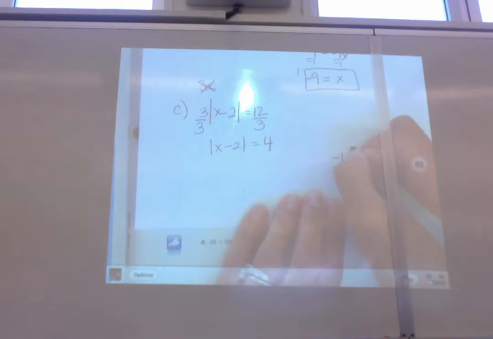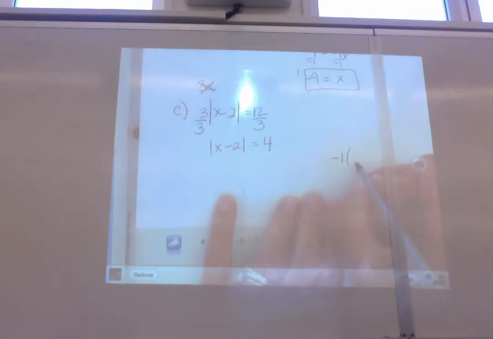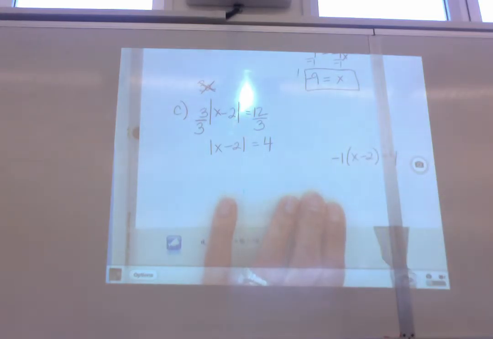Negative 1. What do I do with that negative 1? But I've got to write the rest of the problem. So what do I write, Oscar? Good job. All right, so we're just being specific.